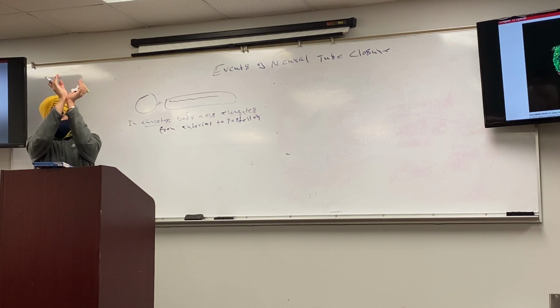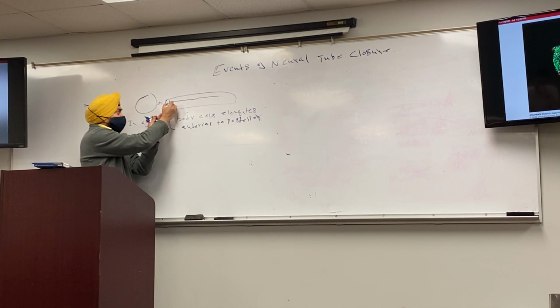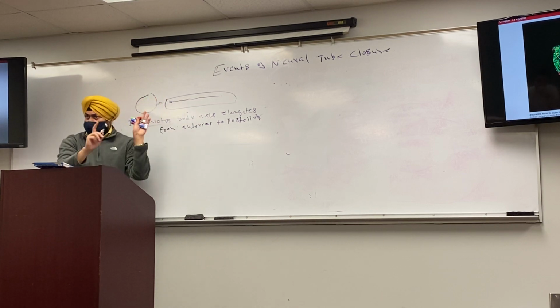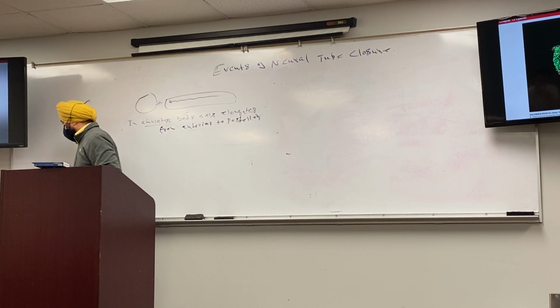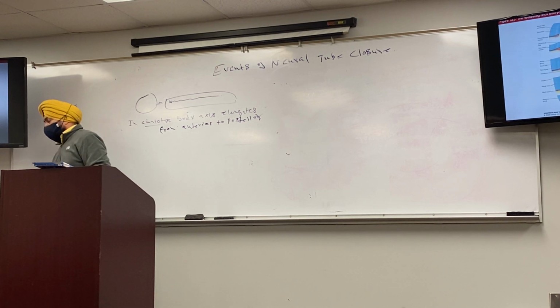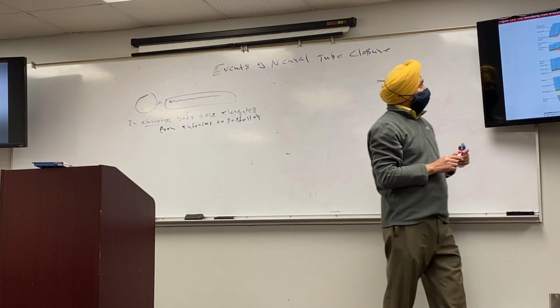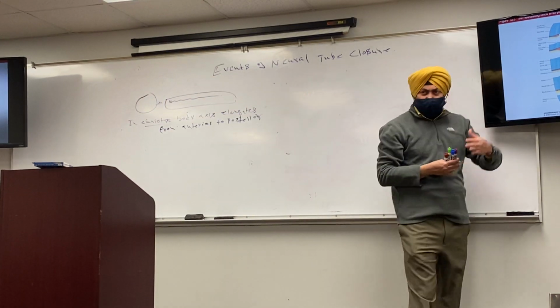And that tube that is formed doesn't form evenly at the same time. Let me show you one thing. So this is the chick embryo showing 24 hours after fertilization.